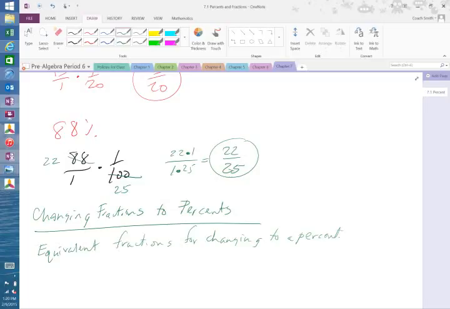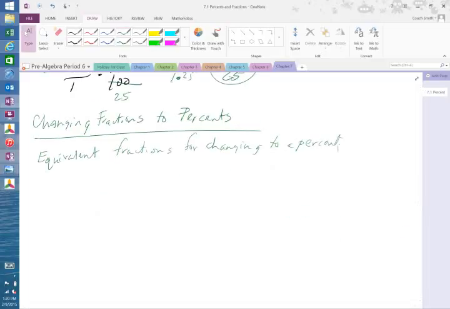But for right now, we're going to talk about changing, for example, 3 over 25, and I want to change that to a percent. Well, what we're going to do is make an equivalent fraction with 100 on the bottom of it.